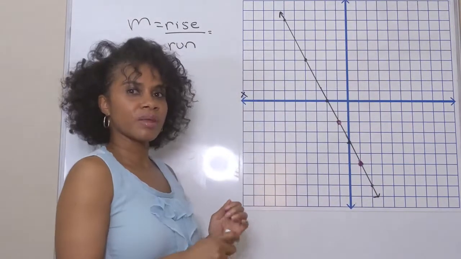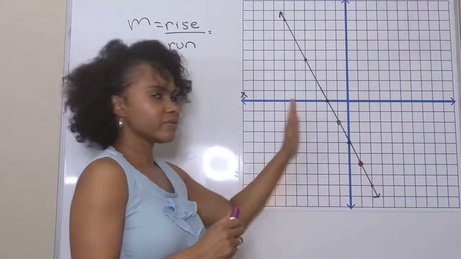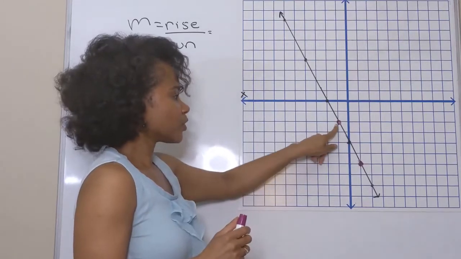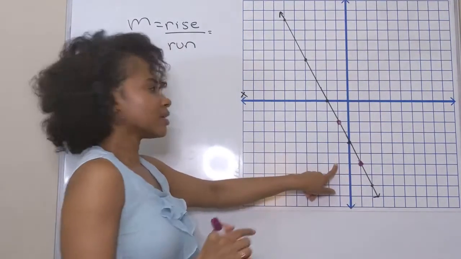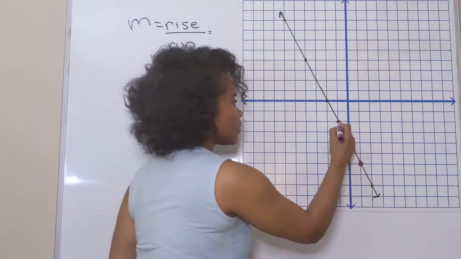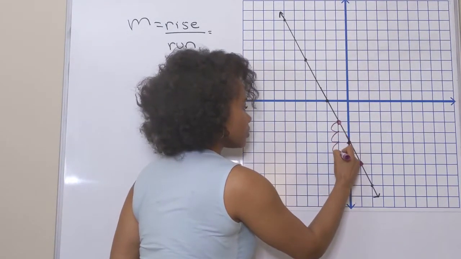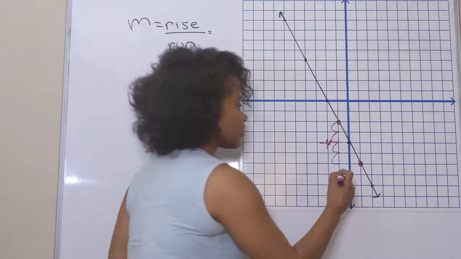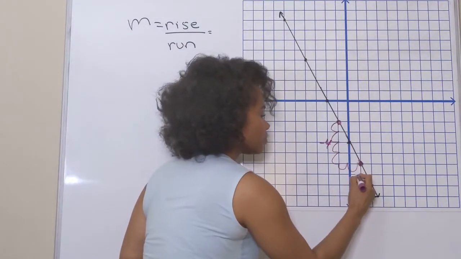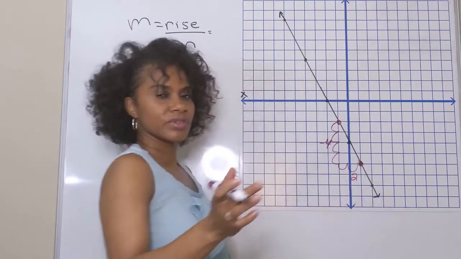So I'm starting at the point closest to my left, all right, and then I'm going to go down because this point is down. So since I have to count down, I'm going to go 1, 2, 3, 4. That is a negative 4. Then I have to go over 1, 2, positive 2.